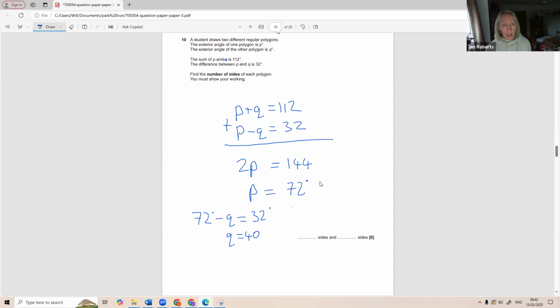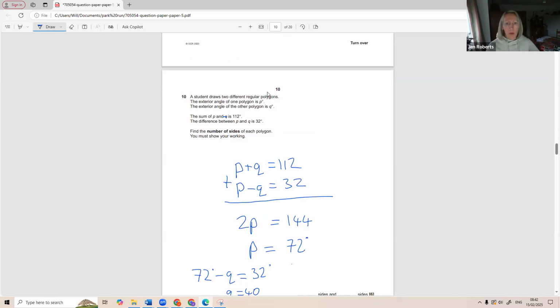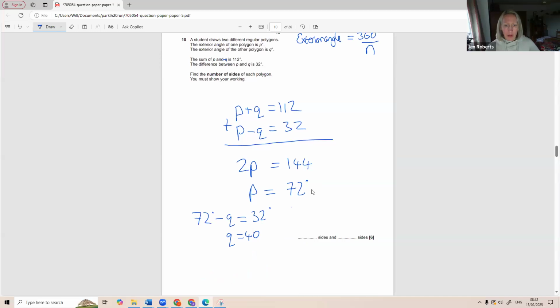We actually need to work out the number of sides of each polygon. So the most useful formula here is exterior angle. It's 360 divided by the number of sides. We know our exterior angle here, so let's start with this 40 first. You know that 40 equals 360 divided by the number of sides.